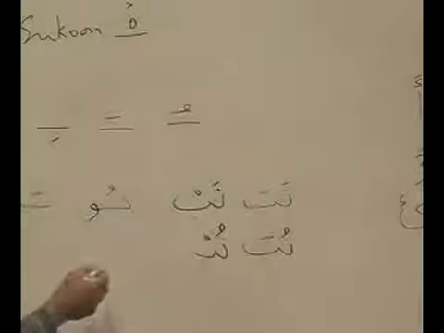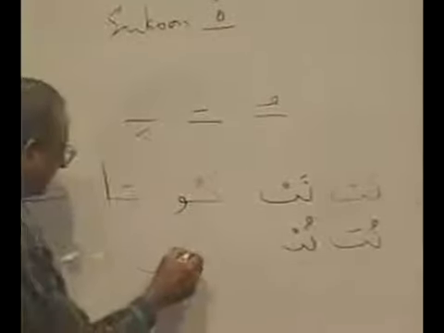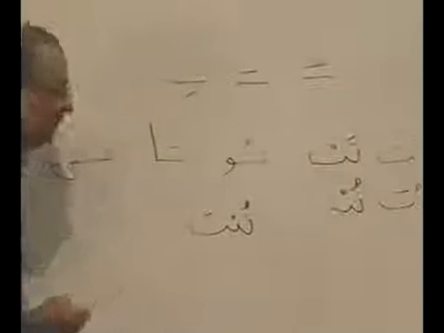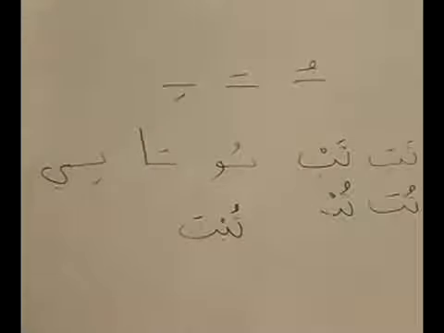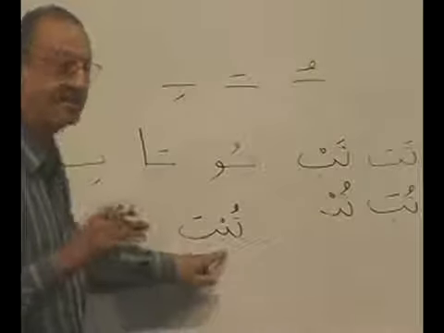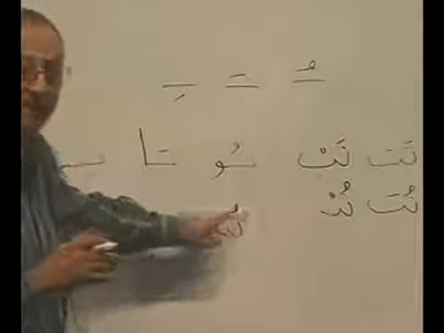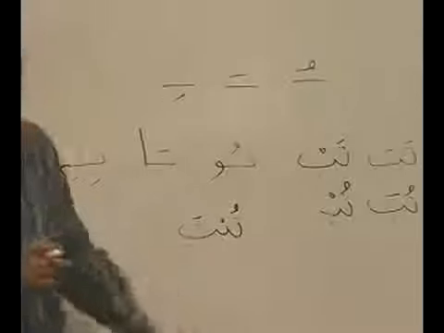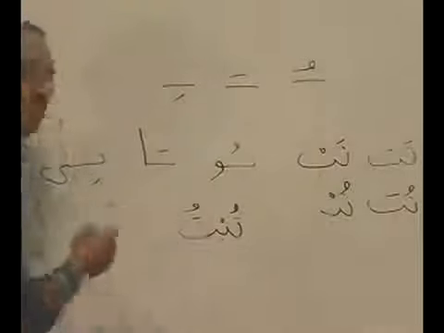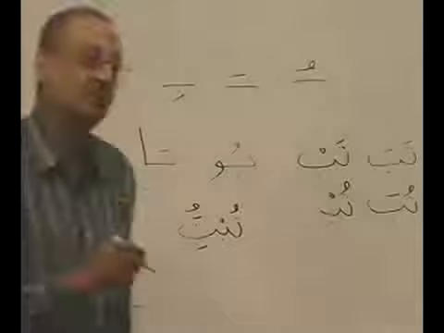If I write like this, brother, tubta. So we did not pronounce ba in its normal way as we pronounce ta and this ta. Tubta. And if I put dhamma here, tubtu. If I put kasra here, tubti. So ba has a sukoon.